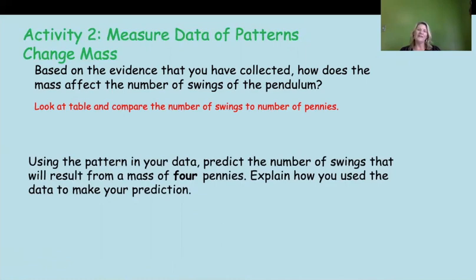Using the pattern in your data, predict the number of swings that will result from a mass of 4 pennies. So we're going to do 4 pennies, but I want you to make a prediction first. Explain how you use the data to make your prediction. So how many swings do you think there will be with a mass of 4 pennies?